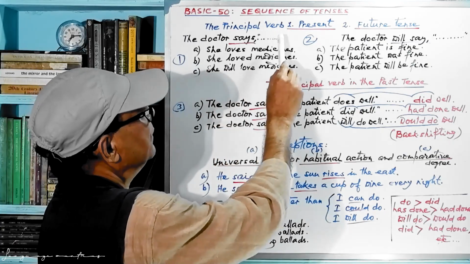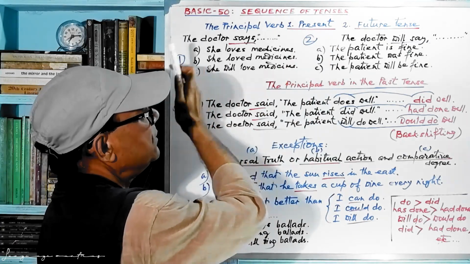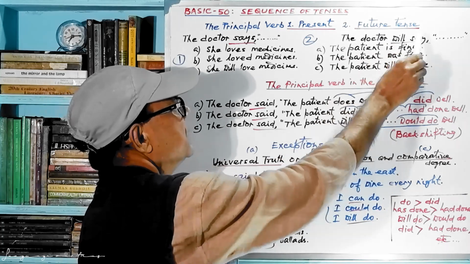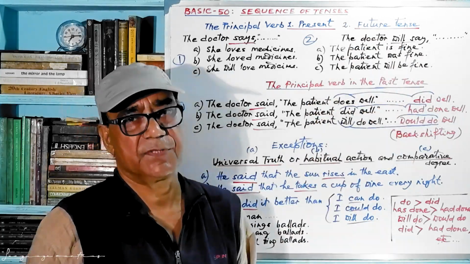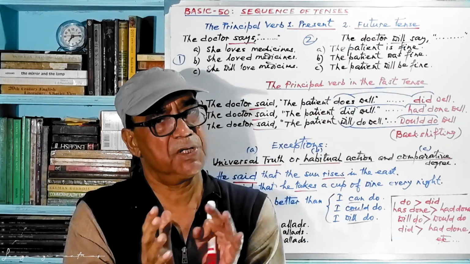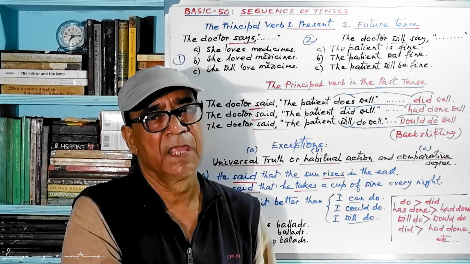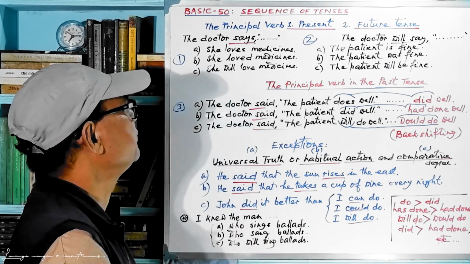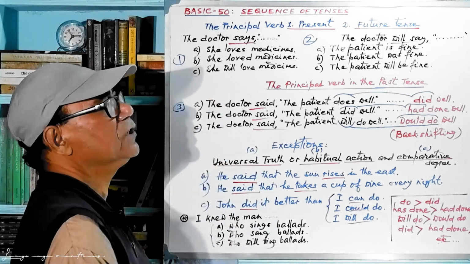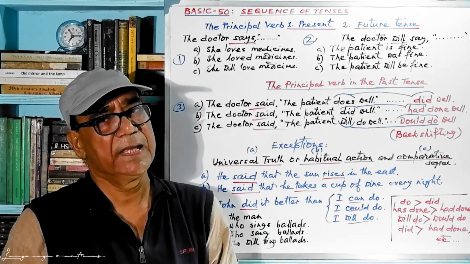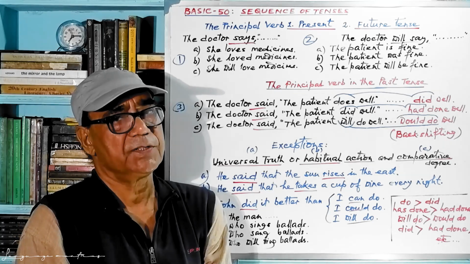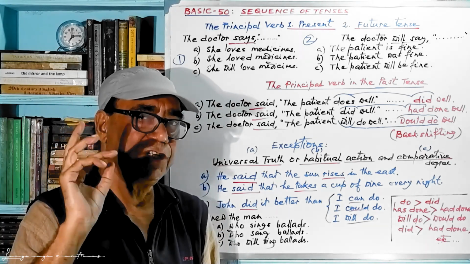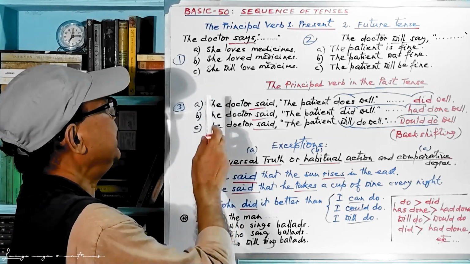This is the principal verb in the present tense, this part, and the principal verb in the future tense, this part. I've said that if the main verb is in the present tense, there is no problem. If it is in the future tense, there is no problem. So let's see. These parts, A, B, C, three sentences we have in the indirect speech format and in 3 tenses. So direct speech is this.